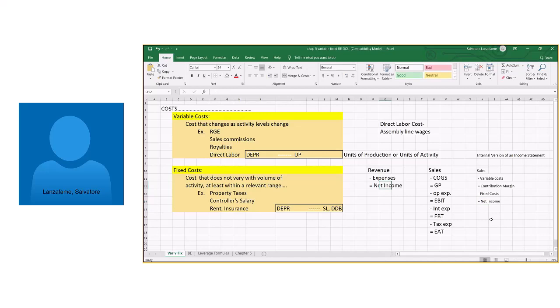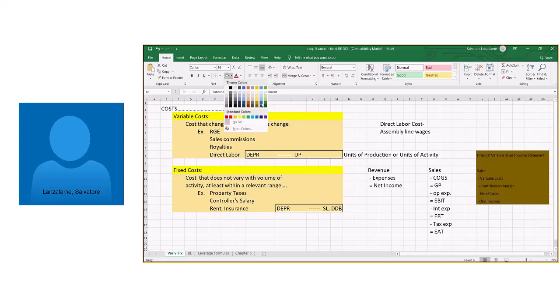Same thing with this one. All right. So I just wanted to make sure you saw yet another version of an income statement, but the difference is this one is used for internal purposes. So for managerial accounting, you still get the same result when it's all said and done, but the difference is that it's separated out into different categories.